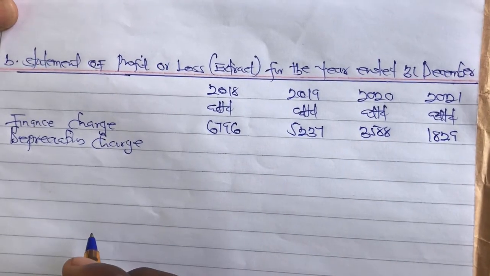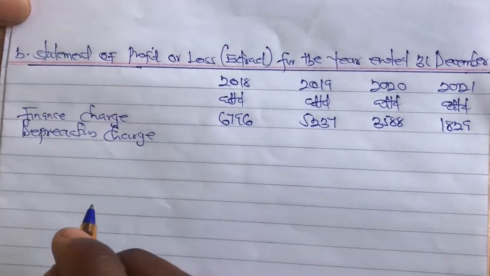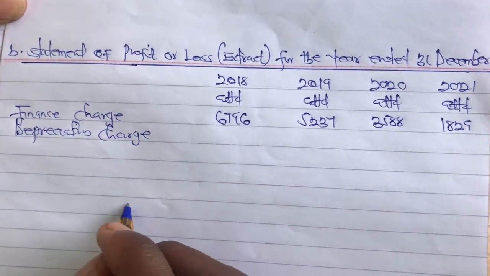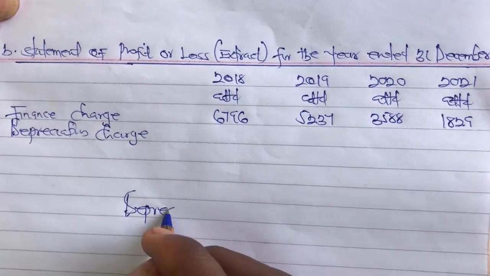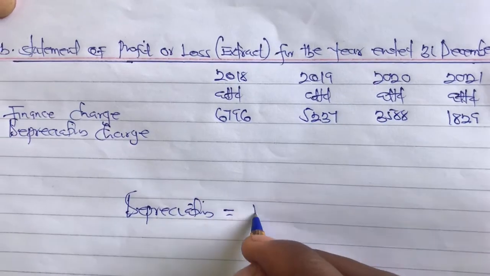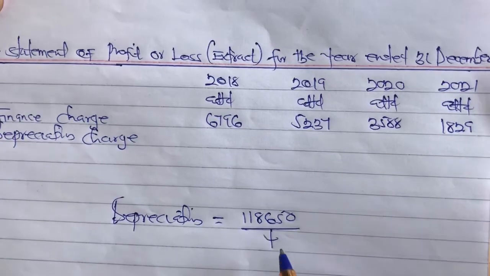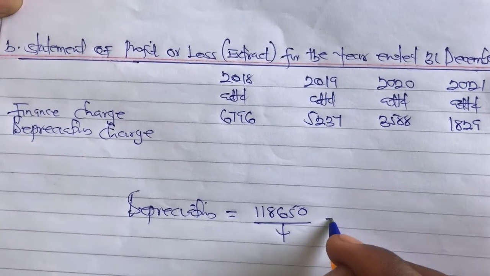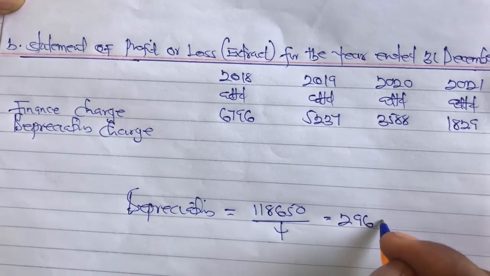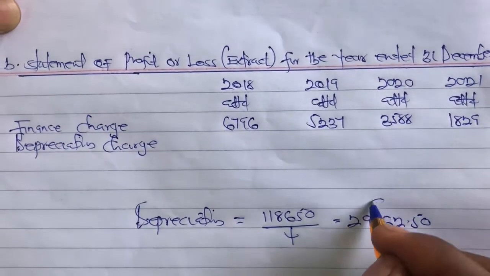Now let's determine the depreciation charge. With the depreciation charge, we are going to spread the cost of the plant over the lease term. The cost of the plant, that is the initial liability, is 118,650 divided by 4 years, the lease term, and that is going to give us 29,662.5 annually, Ghana cedis.